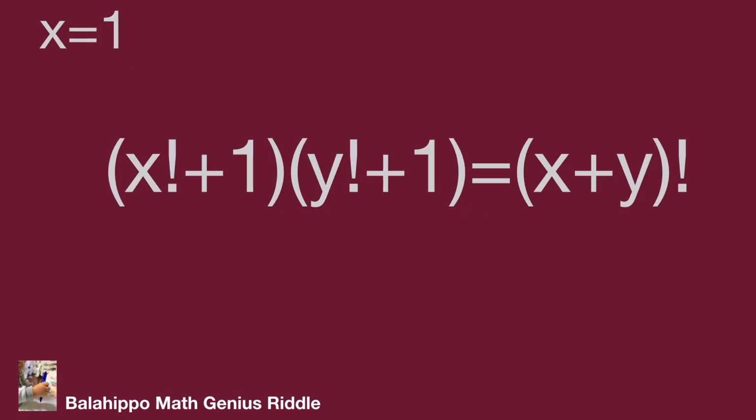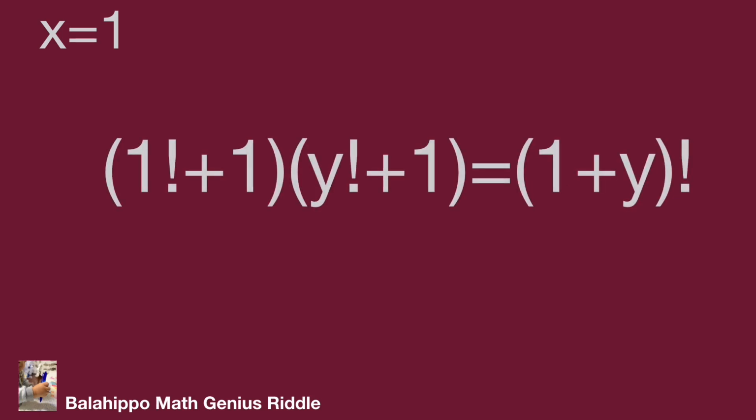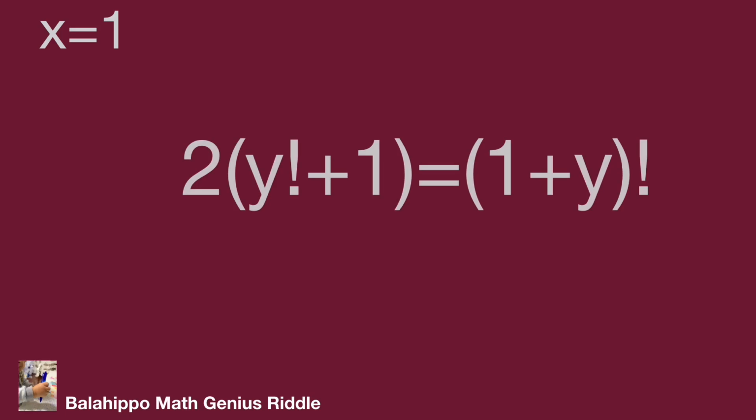While x equals 1, substitute x by 1 into the equation as (y factorial plus 1) multiplies (y factorial plus 1) equals (1 plus y) factorial. Simplify as 2 times (y factorial plus 1) equals (1 plus y) factorial.